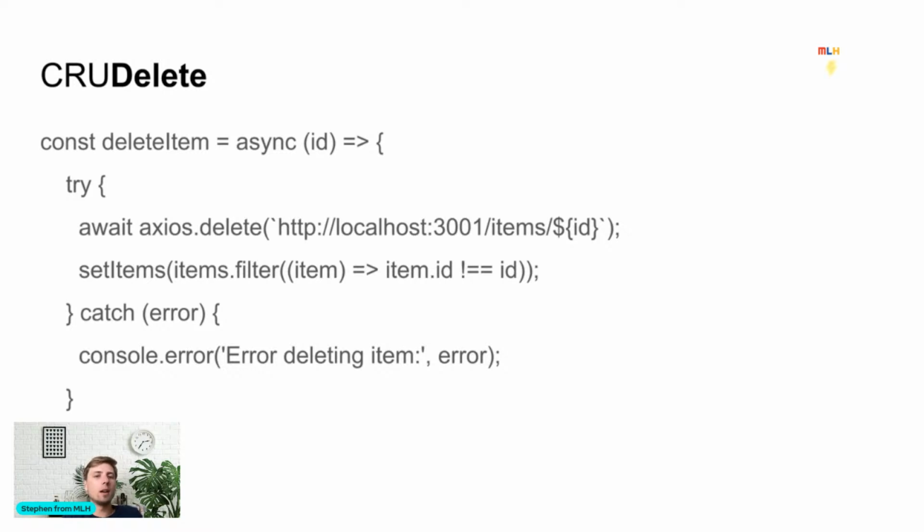So we want to write an await keyword next to the delete request because that will indicate to JavaScript that it should not move on to set the items and update those values until it hears back from the Node.js server. If we didn't put in this asynchronous call, JavaScript would not necessarily wait. It would try to be really efficient and execute all of the commands below our request. Like, oh, while we're waiting for that request, let's update the items.